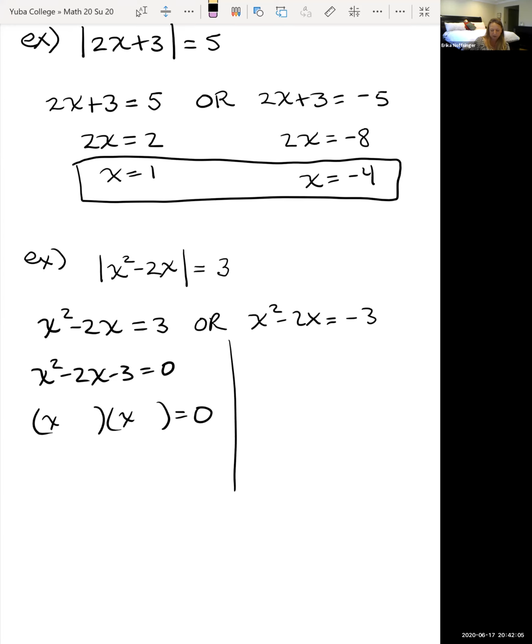Those numbers would be negative 3 and positive 1. So x minus 3 times the quantity x plus 1 equals 0. Set each factor equal to 0. You should be able to see x minus 3 is 0 and x is 3. x plus 1 is 0 and x is negative 1.